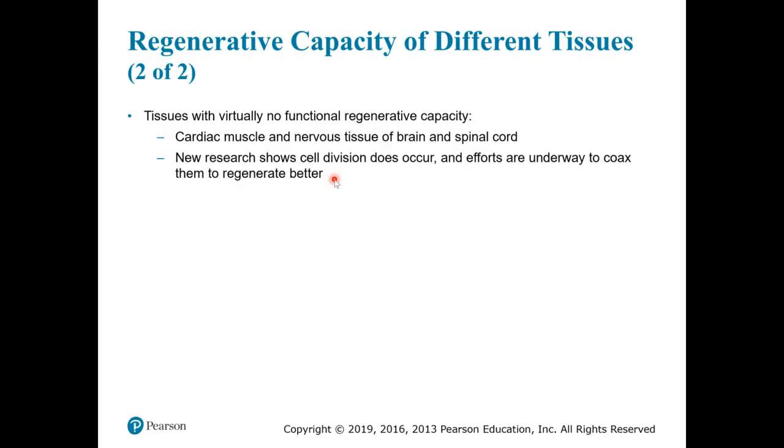Now, new research shows that cell division does occur in these tissue types, but not enough to really heal an injury. So efforts are underway to coax them to regenerate better. And this is also an area of research for stem cells. A stem cell can go on to become a variety of different cell types. It's just a matter of nudging them in the direction that we want them to go.